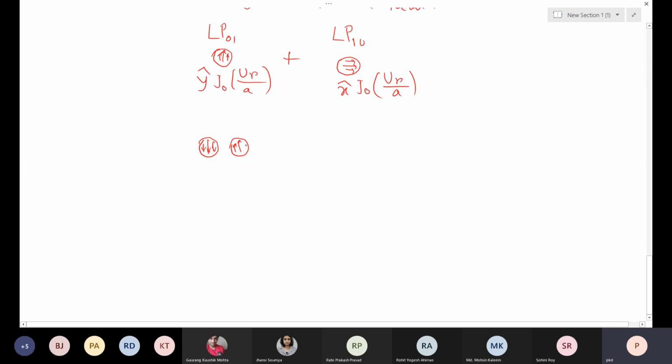And if the refractive index difference and the diameter are limited to some extent, then there could be two such spots. Those are LP11, and the solution is given by the Bessel's function of the first kind.